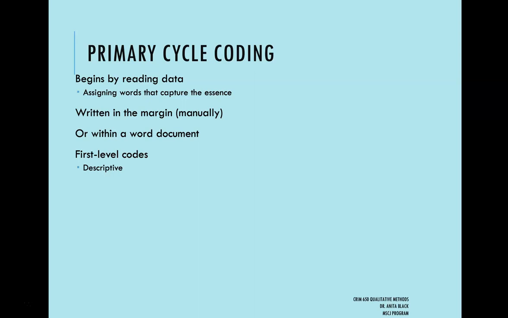Next, we look at the first level codes. Now, these are descriptive codes, and they really require little interpretation. These are the kind of codes that a research assistant would be able to use and understand.